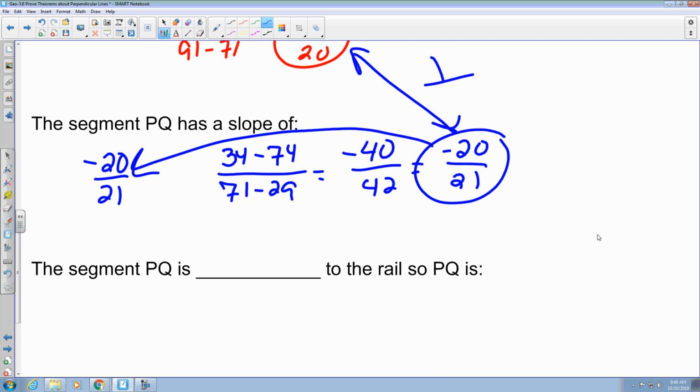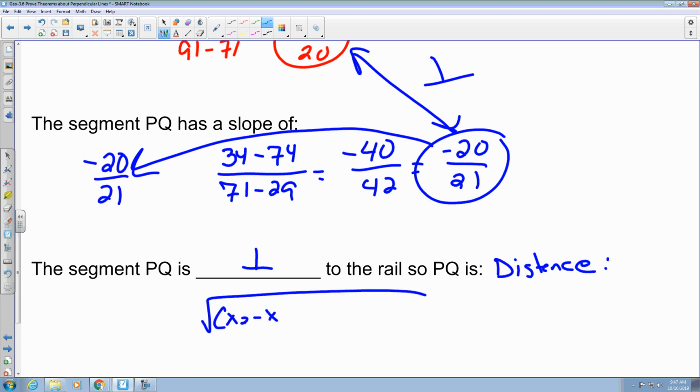So now we can say that the segment PQ is perpendicular to the rail. So PQ is what? We have to find the distance. To find the distance, remember we use the distance formula, square root of x2 minus x1 quantity squared plus y2 minus y1 quantity squared.